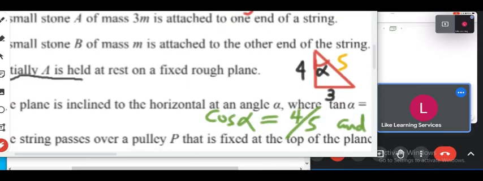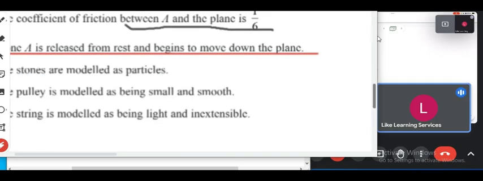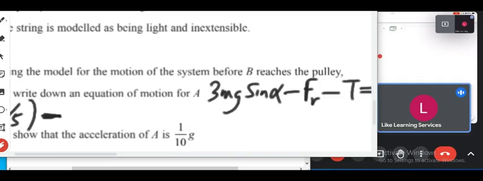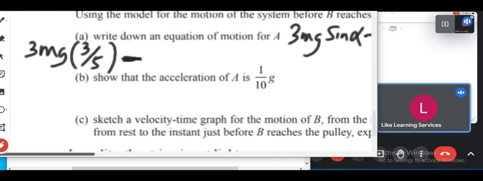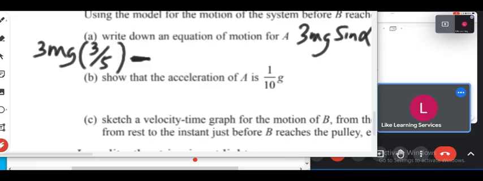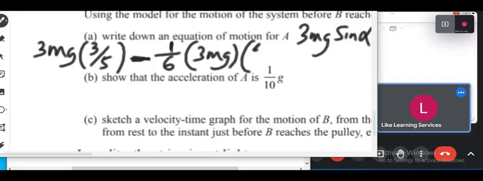All of that is not required, though, so that we'll do the other one. 3mg times 3 over 5 minus frictional force mu R. Mu is 1 over 6. R is 3mg cos alpha. What's cos alpha? Times 4 over 5. Am I right? Yeah.